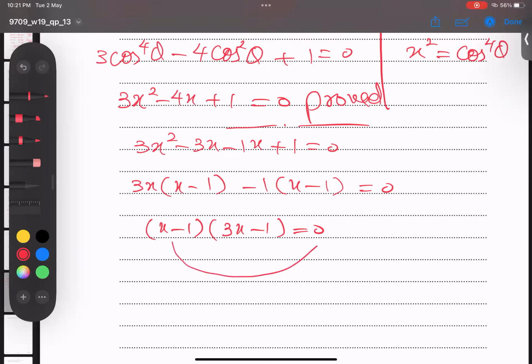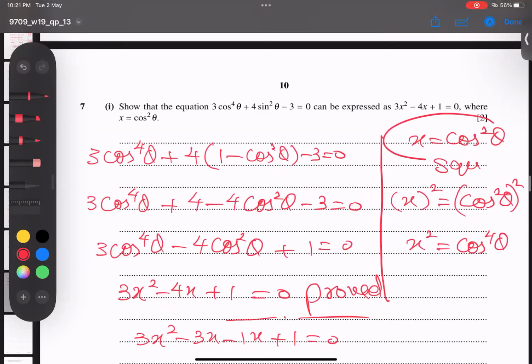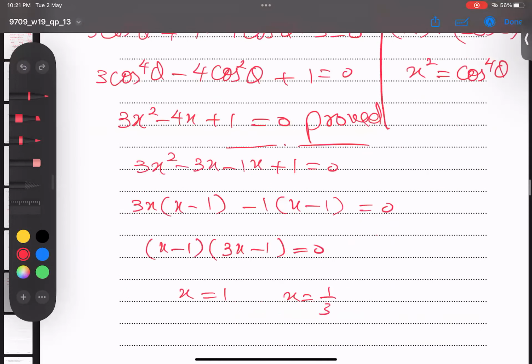Anyway, this equal to 0, I got 1. This equal to 0. So I got 2 answers, and now I'm going to plug in both answers one by one in the top equation, which is here. x is equal to cos square theta.